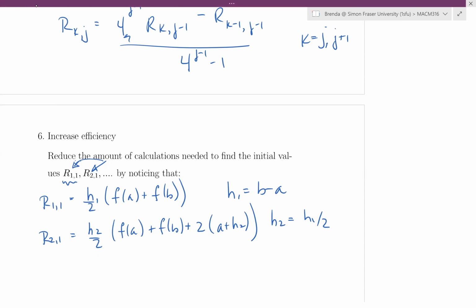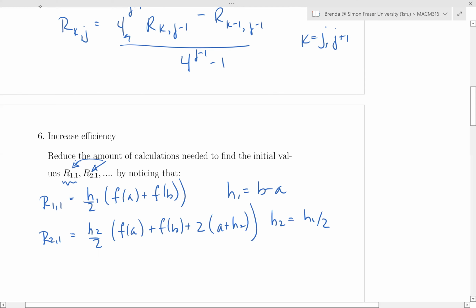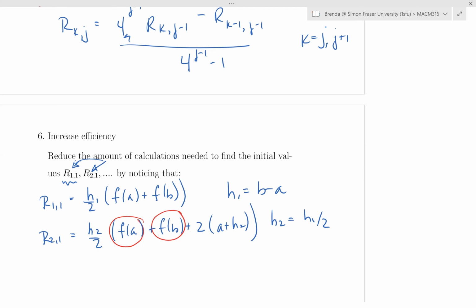While we're writing this out, we will notice that we've already made this calculation and we've already made this calculation. So we're not going to make those again.